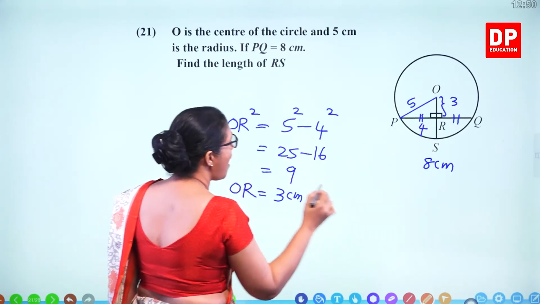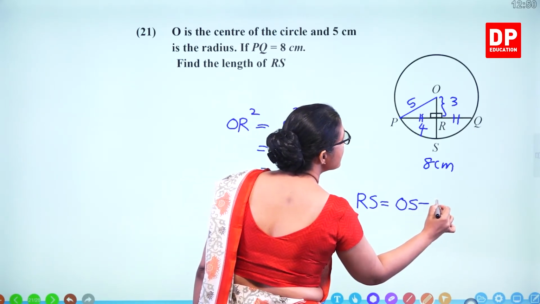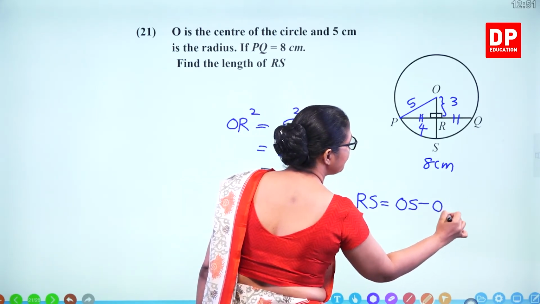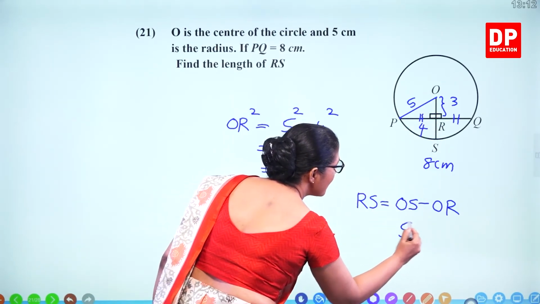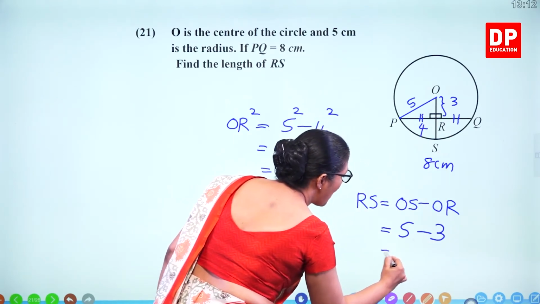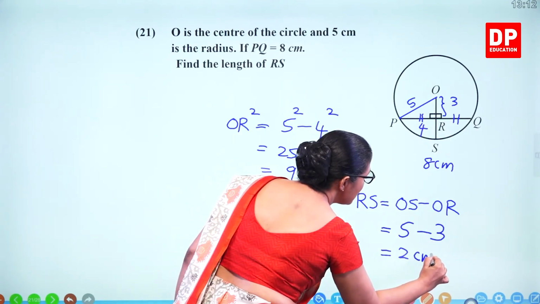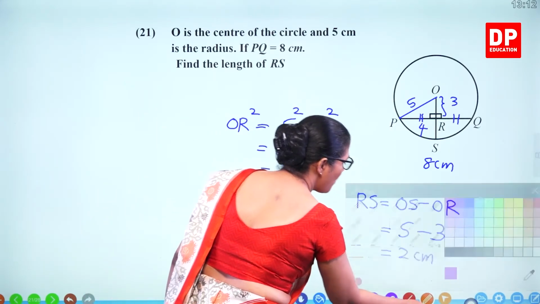So what is RS? OS minus OR. OS is the radius, that's 5. 5 minus 3, 2 centimeters. So that's the RS length. So you get 2 marks for that.